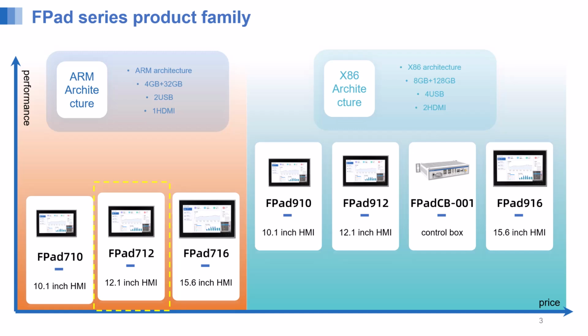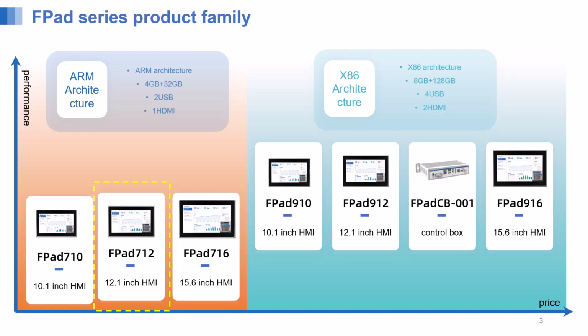In this matrix, we have the FPAD 7 and FPAD 9 series. FPAD 7 is based on the ARM architecture, and FPAD 9 is based on x86. You can see in this matrix, the FPAD 9 series has higher performance and a higher price.